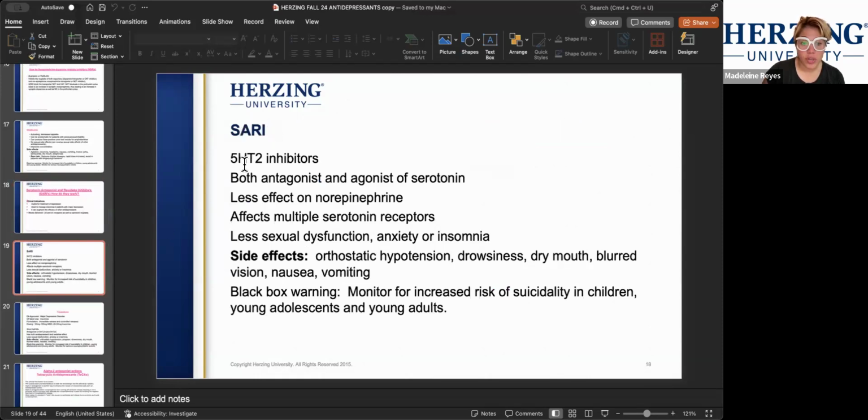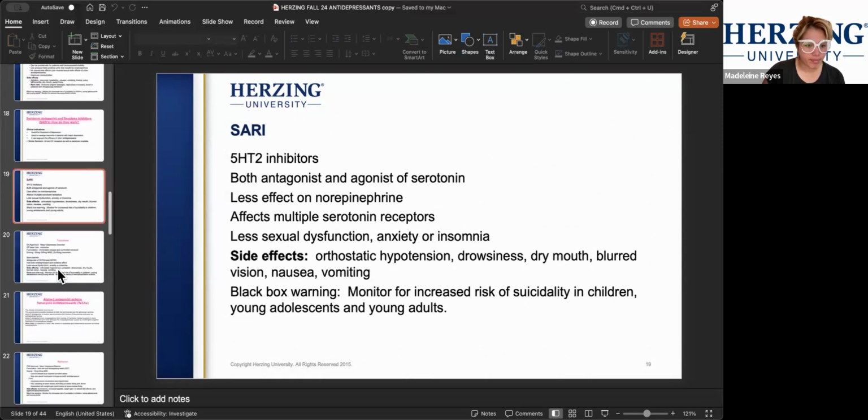SARI, 5-HT2 inhibitors, both antagonists and agonists of serotonin, less effect on norepinephrine, affects multiple serotonin receptors, less sexual dysfunction, anxiety, or insomnia. Some side effects are orthostatic hypotension, drowsiness, dry mouth, blurred vision, and vomiting. Black box warning: monitor for increased risks of suicide in children, young adults, or adolescents.